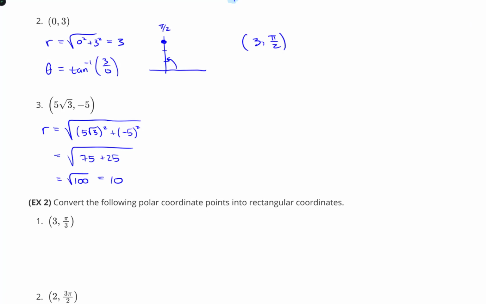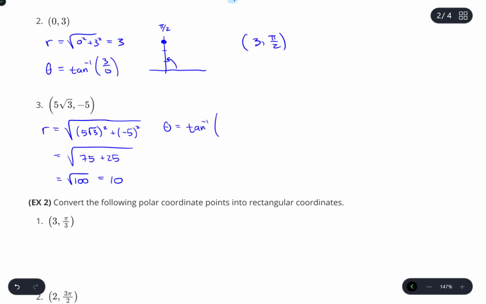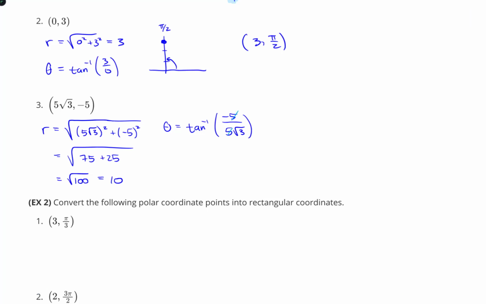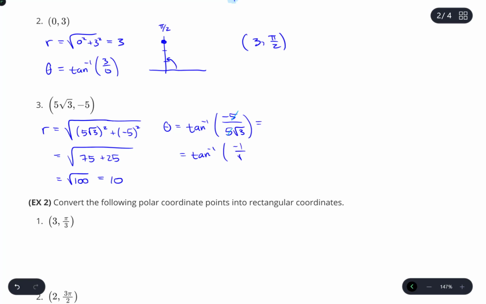Now, theta, let's see. It's going to be the arctangent of the y-coordinate over the x-coordinate. 5s will cancel out, and so I'm really looking at the arctangent of -1 over root 3. Now these might be things that you had worked previously in trigonometry by using a unit circle.